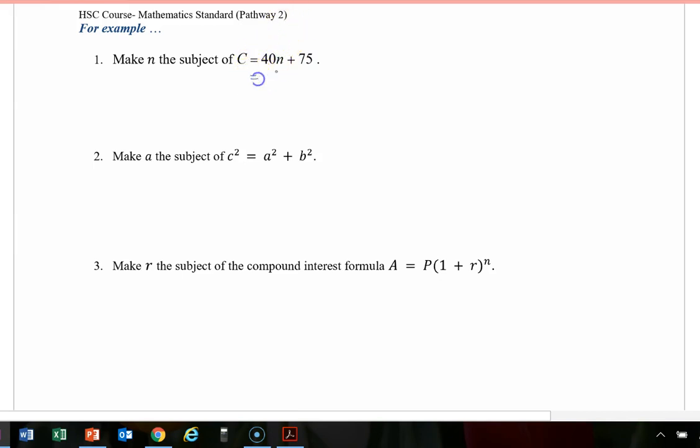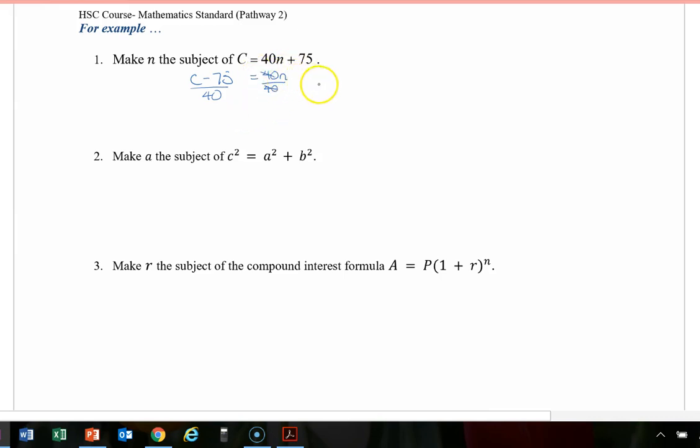I'm going to pick the 75 up and bring it over, not because I can simplify it, I can't simplify it, but I need to be working on getting the n by itself. Once I'm at this stage, you probably know to get that n by itself, you simply divide by 40. Cross these out, we've got our n by itself.